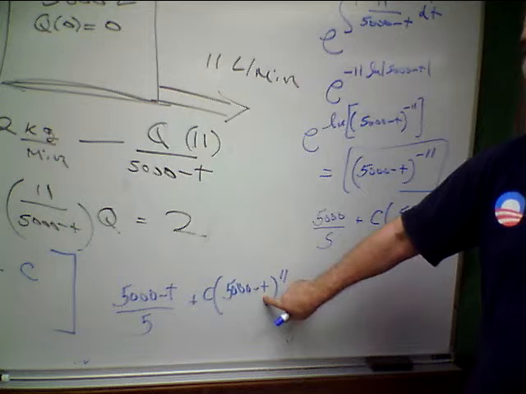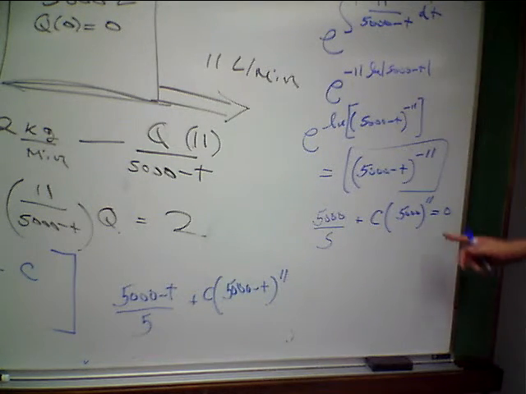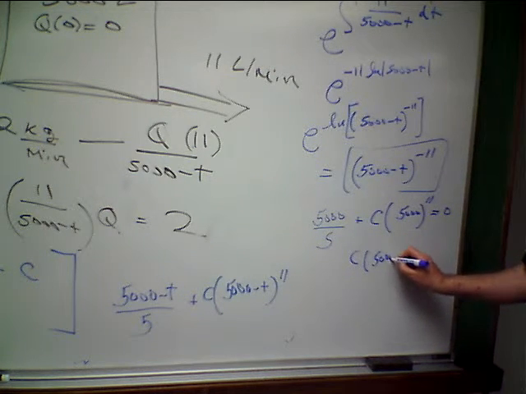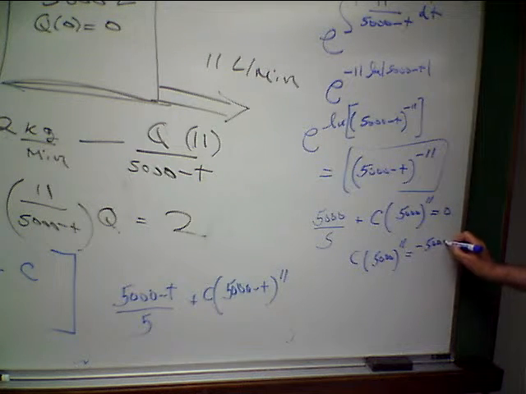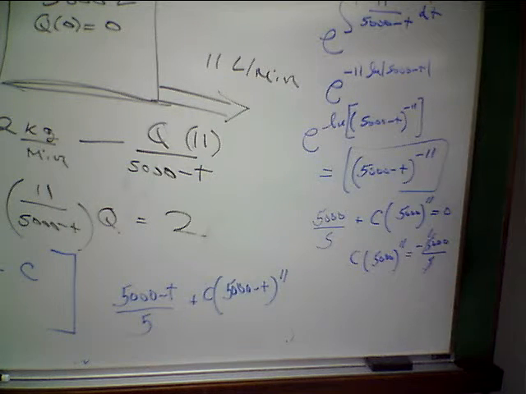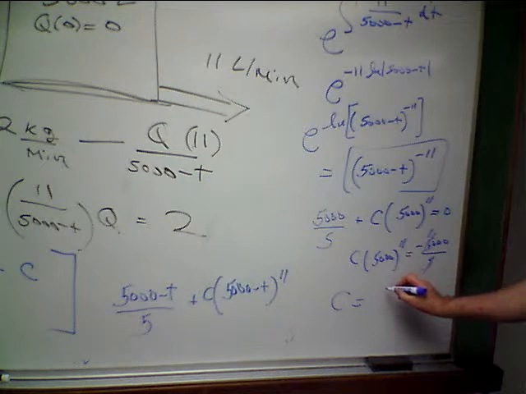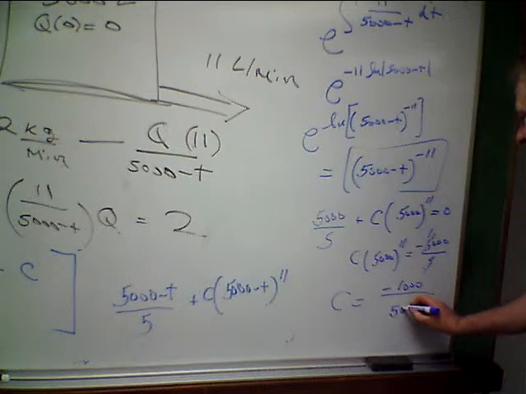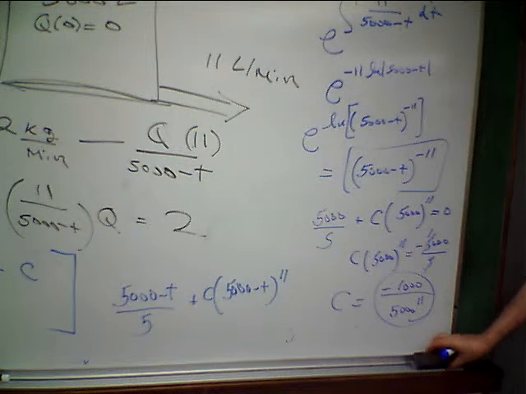No, it's got a variable in it. So let's just figure out what this is. So C times 5,000 to the 11 is equal to -5,000 over 5. We can get rid of that. Okay, so C is going to be -1,000 over 5,000 to the 11 power. So that's going to be C.